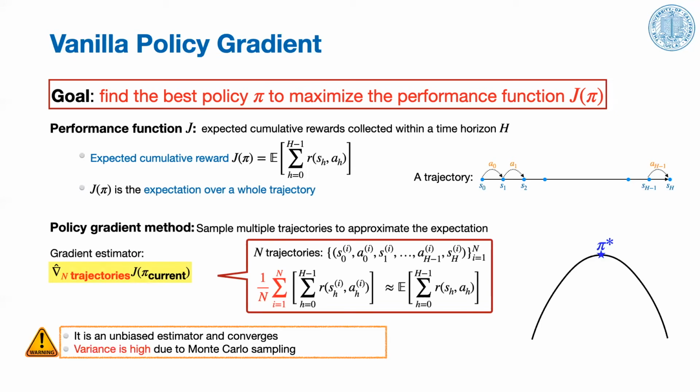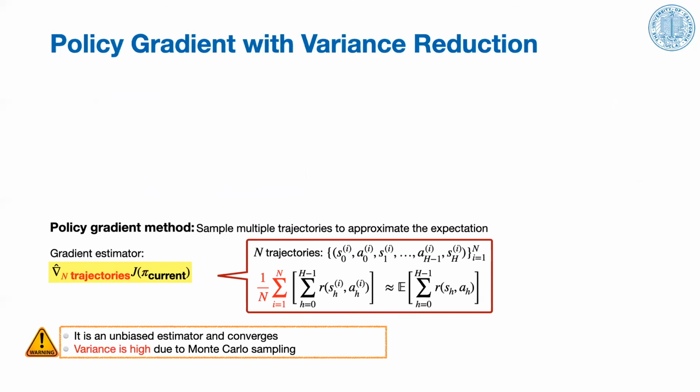This Monte Carlo sampling method generates an unbiased estimator, and it converges to the optimal policy. Nevertheless, due to the high variance in sampling, the algorithm will oscillate a lot and converge slowly. Can we reduce the variance in the estimation of the policy gradient?